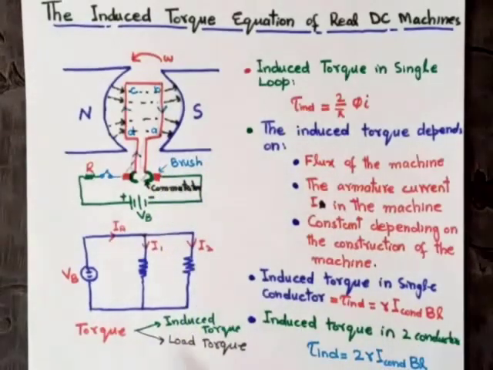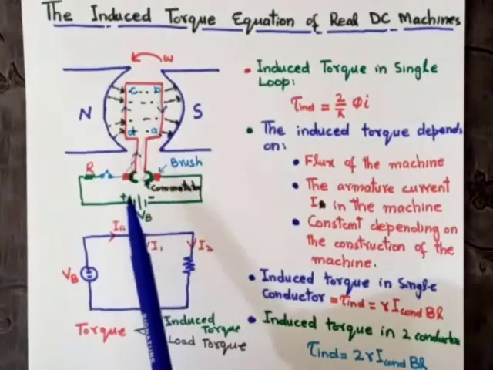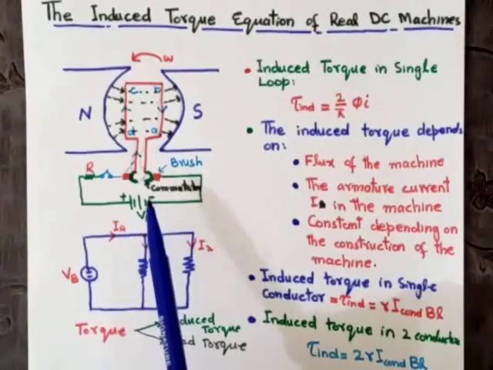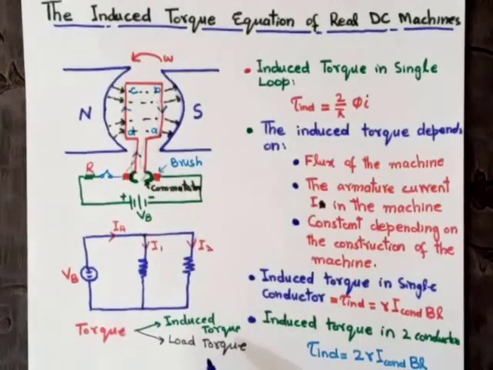There are two types of torque, induced torque and load torque. The difference between them should be clear as well. Load torque means when we connect the load across the armature, due to this load we are demanding a torque. This torque is called the load torque.